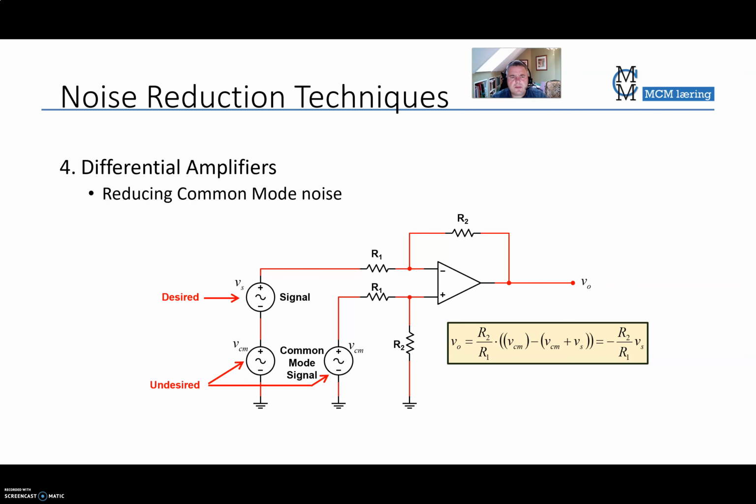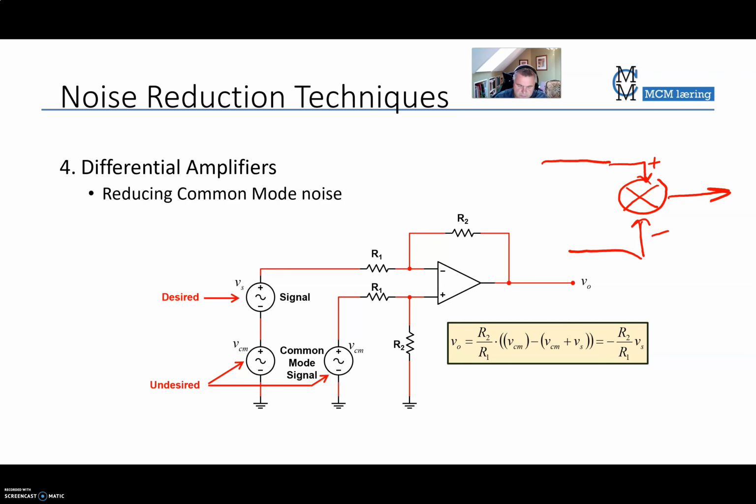You can use something called differential amplifiers, which is basically that you take one signal that is here, and do plus minus, and then you send it over to the next step.